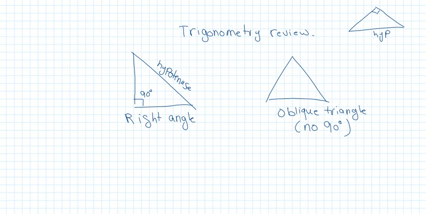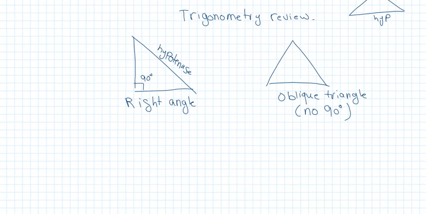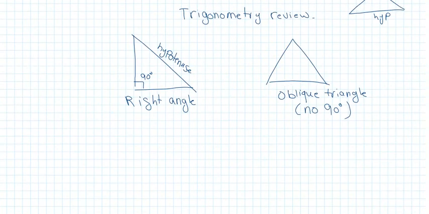Okay? So for example, I'm going to look at the same triangle here. And let's say the angle that is given to me, or the angle I'm interested in, angle right here, I'm going to call it angle A.